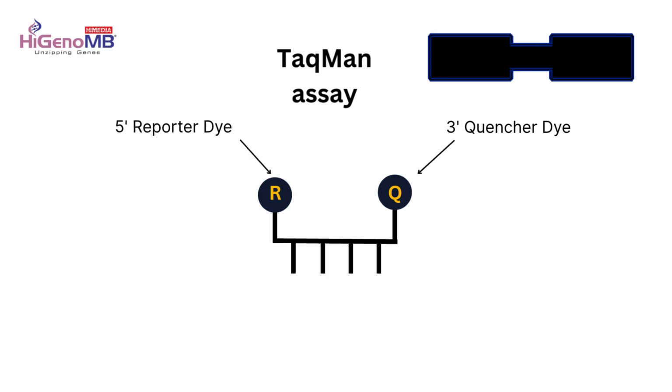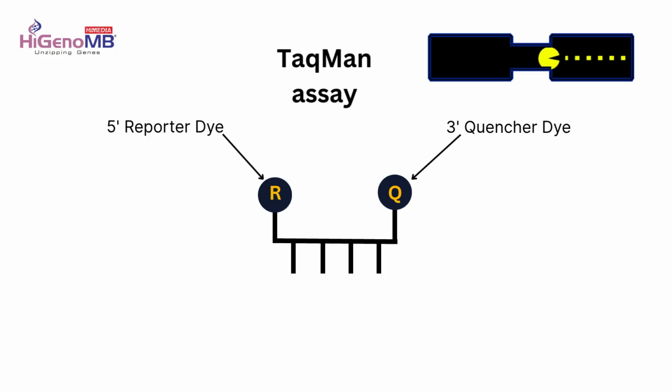Okay, so this is Taq DNA polymerase. What it does is extend the primer molecule and produce a second strand, right? So this probe will be complementary to a template, and it lies between your forward primer and reverse primer.